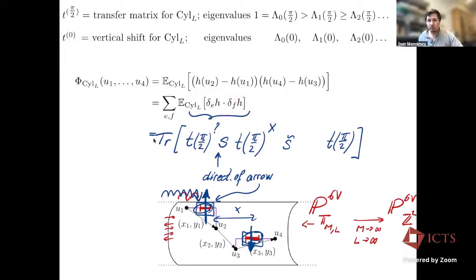As I take L to infinity, maybe I should say, I mentioned it last week, but maybe it wasn't clear. The transfer matrix, or the main block of the transfer matrix, which you can assume we're working with, is a Perron-Frobenius matrix, meaning it has one main eigenvector with largest eigenvalue, and all the other eigenvalues are smaller in absolute value than this main eigenvalue. They're also all real because it's a symmetric matrix.